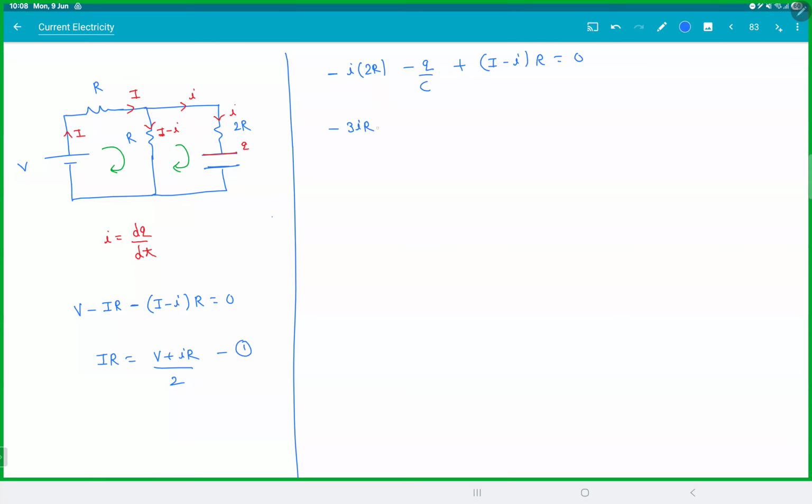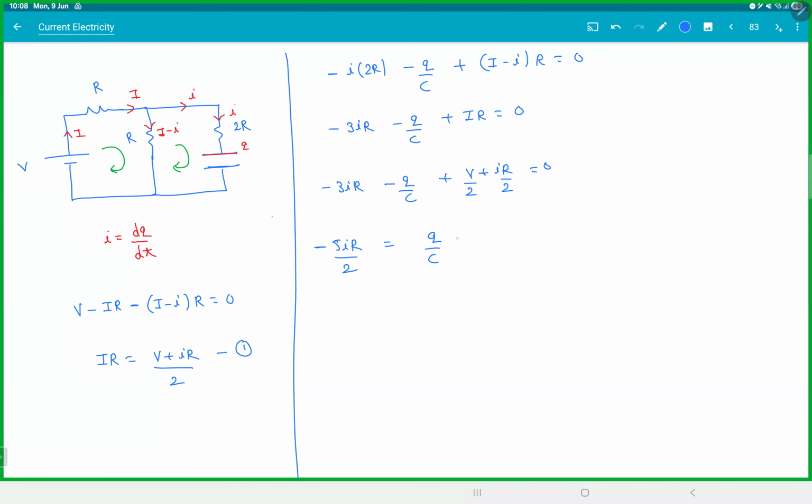This is minus 3 iR minus Q by C plus IR, with IR equal to V plus iR by 2. Minus 5R by 2 times i.